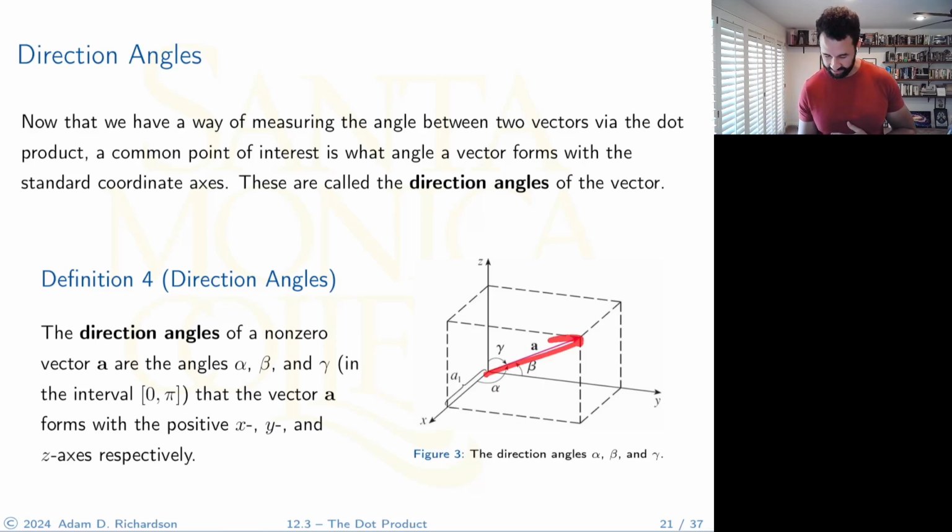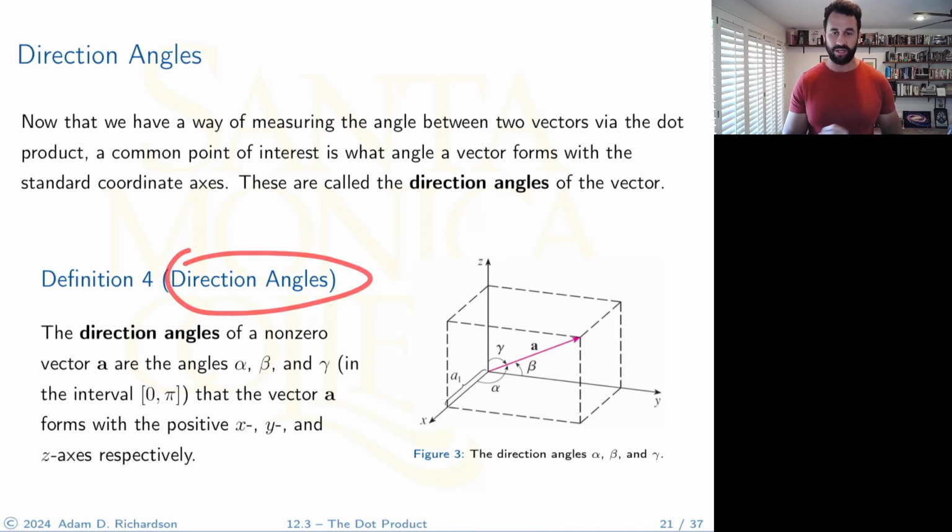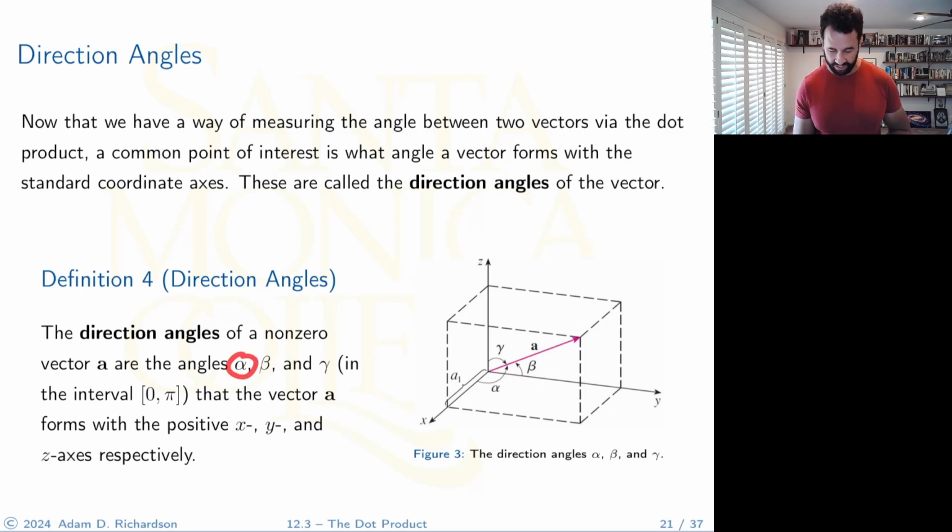So for example, if I've got this vector A, what angle does it make with the x-axis or the y-axis or the z-axis? Well, those angles are called the direction angles of the non-zero vector. We denote them by alpha, beta, gamma, basically the Greek ABC. Like before, they have to be in the interval 0 to pi so we can maintain uniqueness. So the direction angles are the angles a vector forms with the axes.